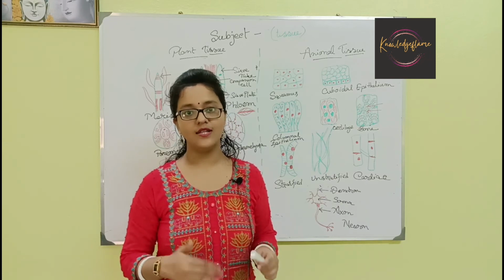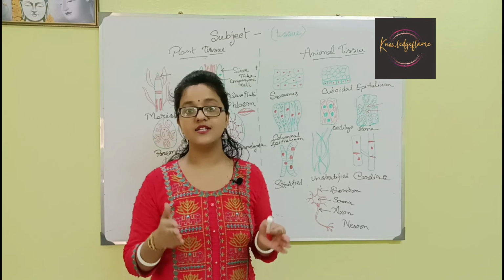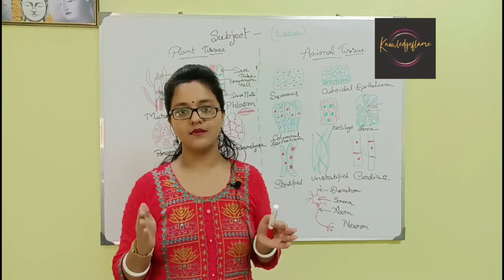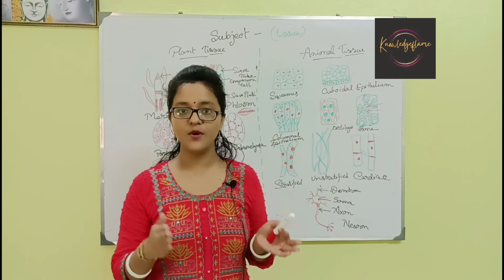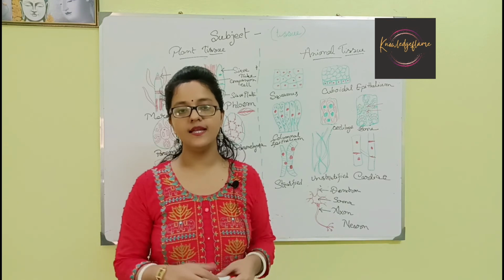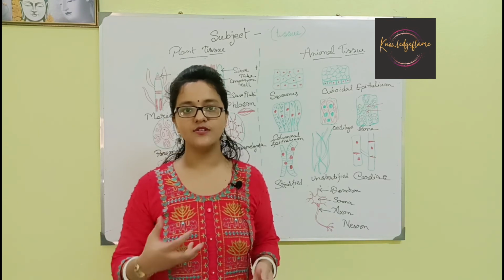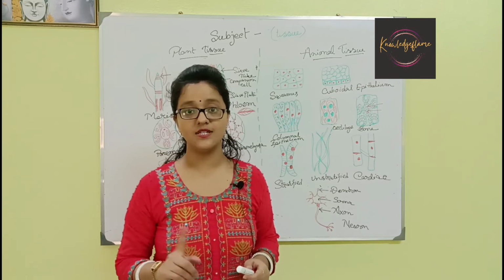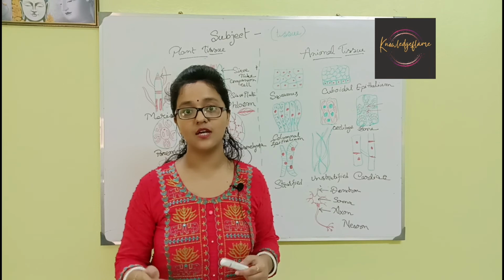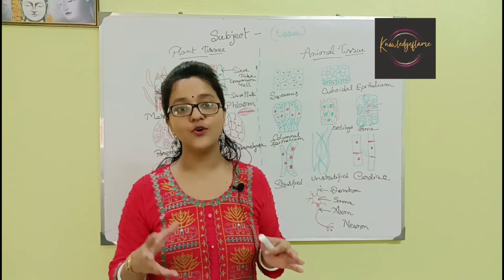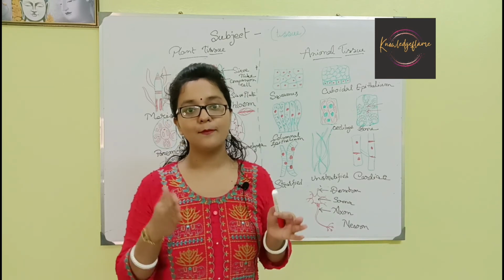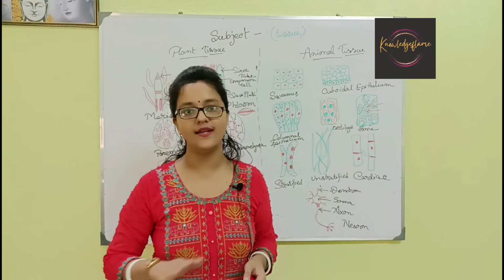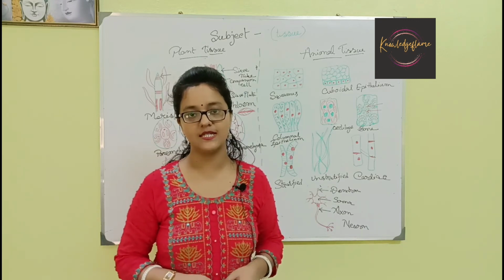On the other hand, this is smooth tissue. Its contraction and relaxation does not depend on continuous will. So this is involuntary, and if it is placed under the microscope, there is no striation, no light and dark bands.